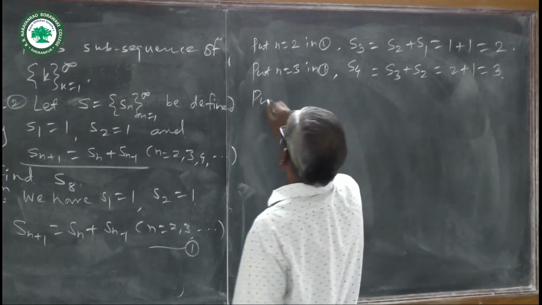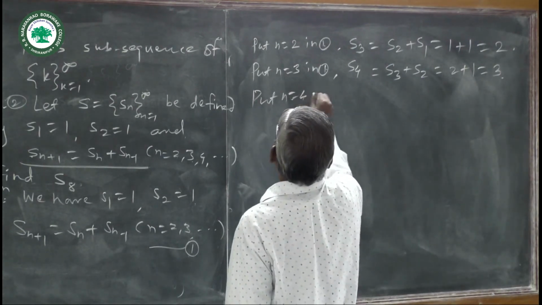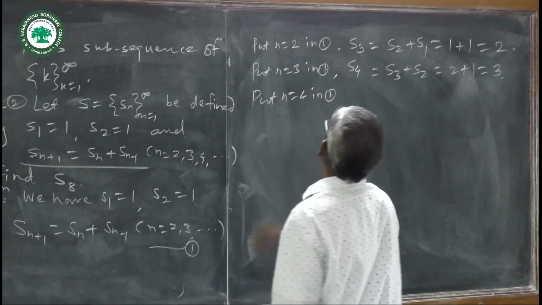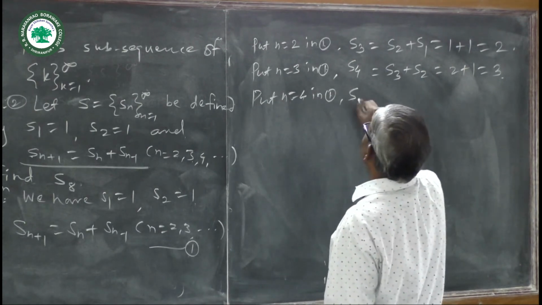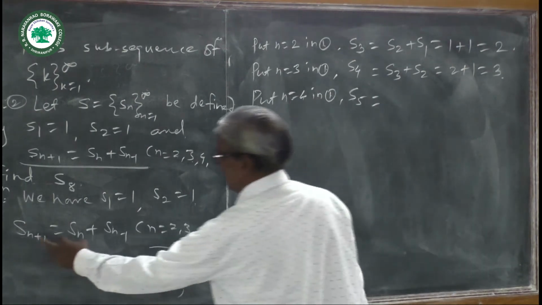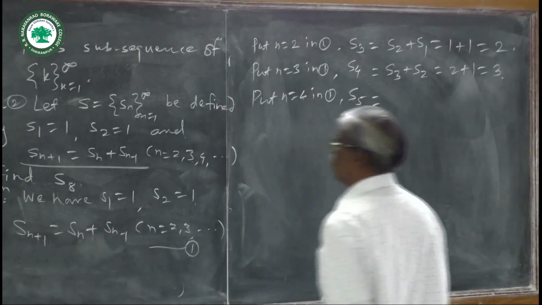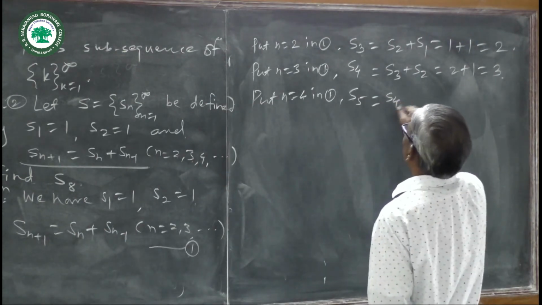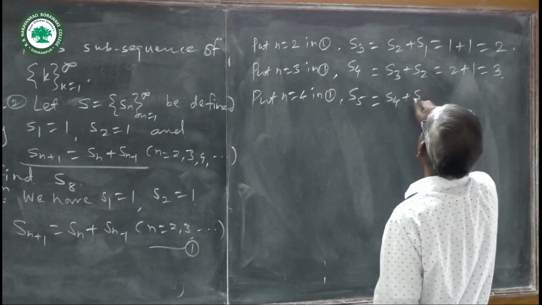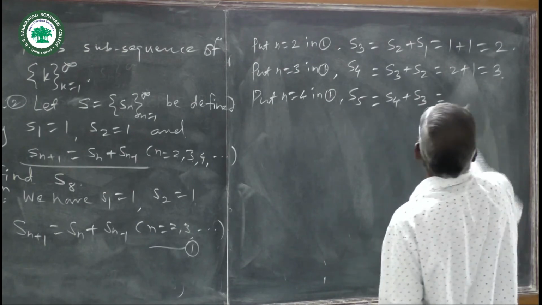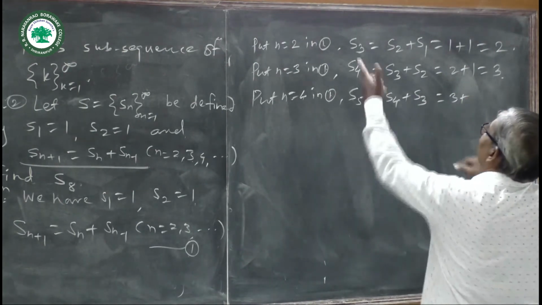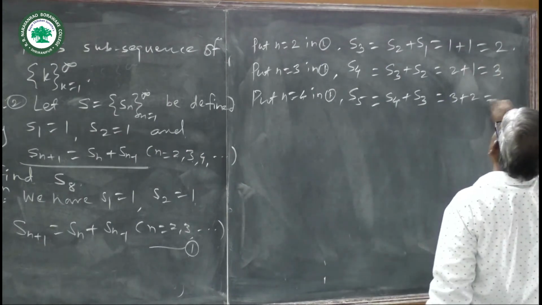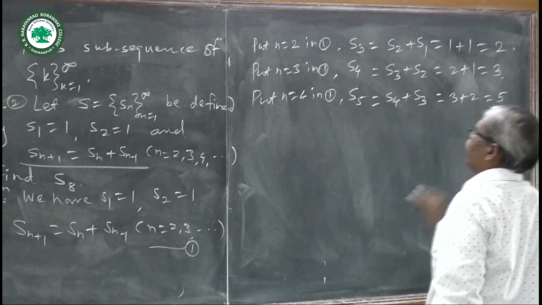Again put n is equal to 4 in 1. We obtain S5, 4 plus 1 becomes 5, is equal to S4 plus S3, which is equal to S4 is 3 and S3 is 2, which is equal to 3 plus 2 is 5.